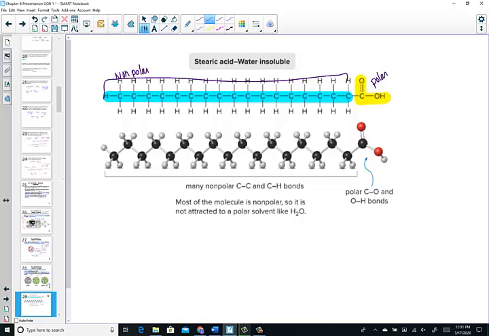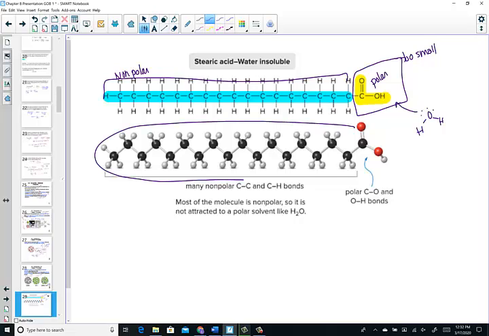So what wins? Well, stearic acid and water are insoluble because this is just too small to overcome the large nonpolar area. So here's a nice little water molecule that would like to interact with this part of the stearic acid molecule, but this long chain of nonpolar region dominates this intermolecular attraction.